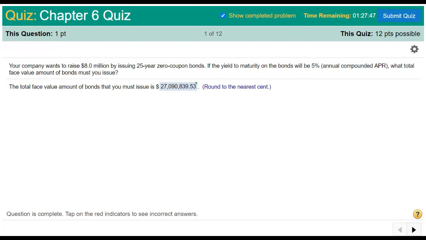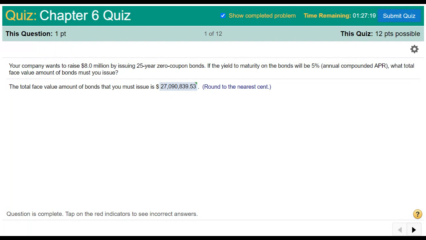So we're going to say N equals 25, I/Y equals 5, payment equals 0, present value is 8 million, and then compute for future value. That's how you get that 27,090,839.53.